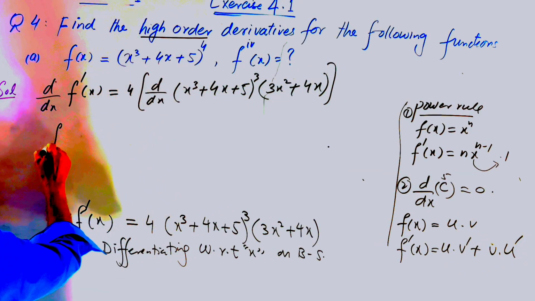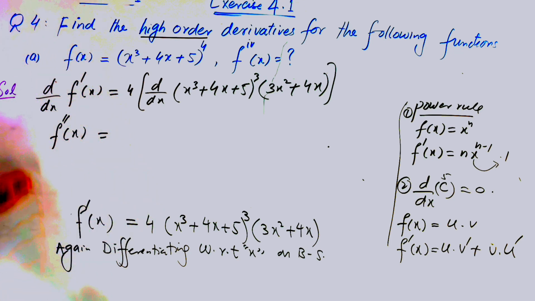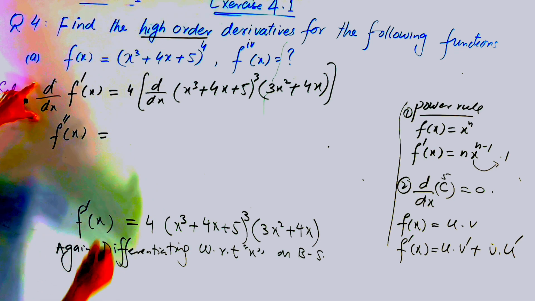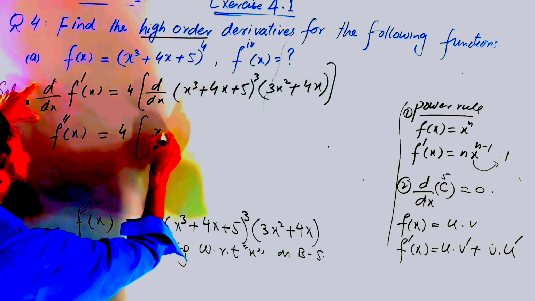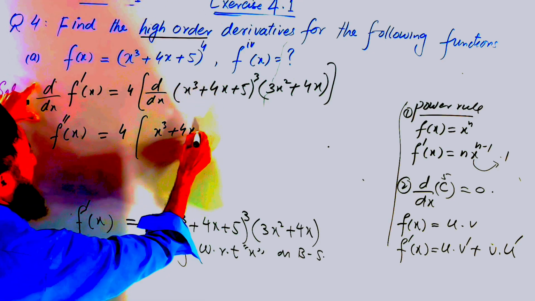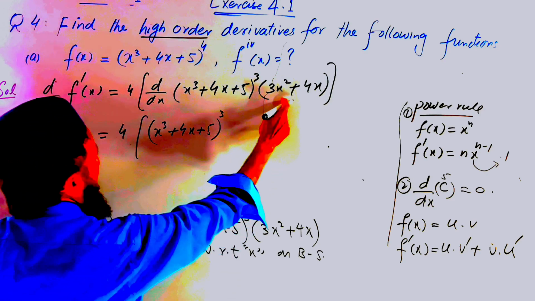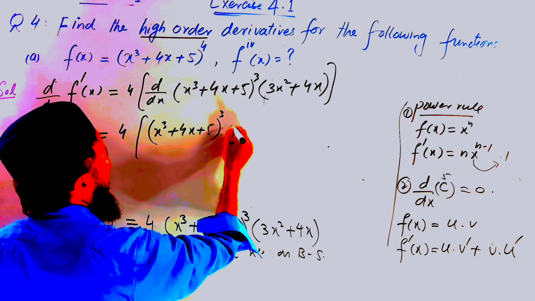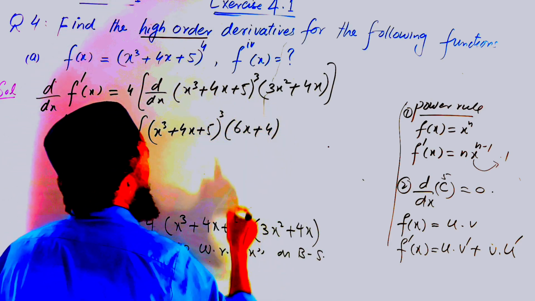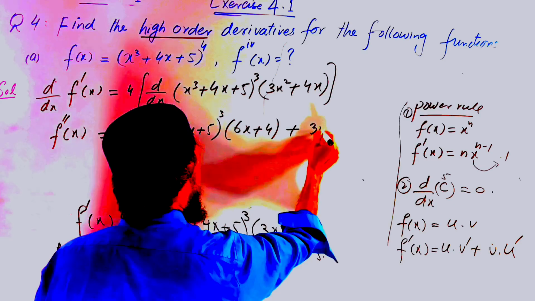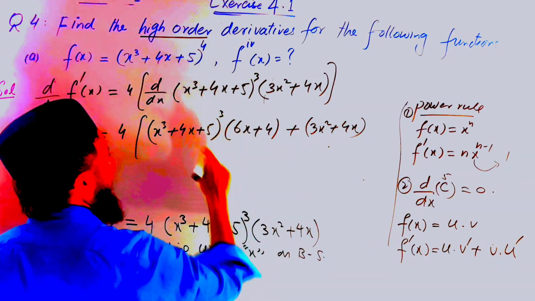So this will be equal to f double dash x, because d/dx of f dash is the second derivative. So 4 and (x cube plus 4x plus 5) power 3, and the derivative of this function is 6x plus 4, plus (3x square plus 4x) into the derivative of this function.